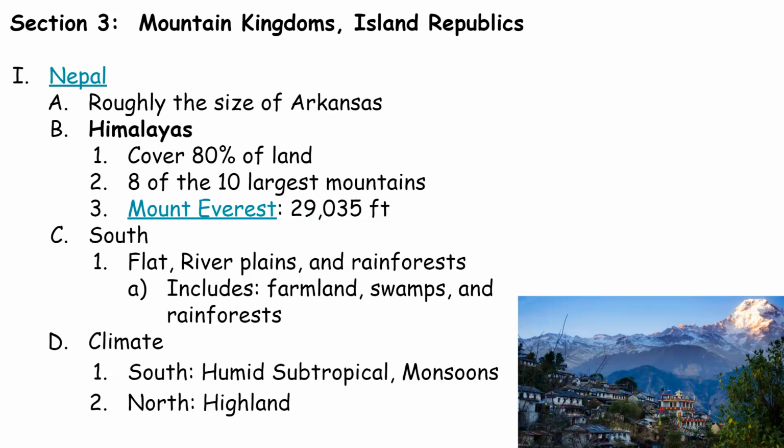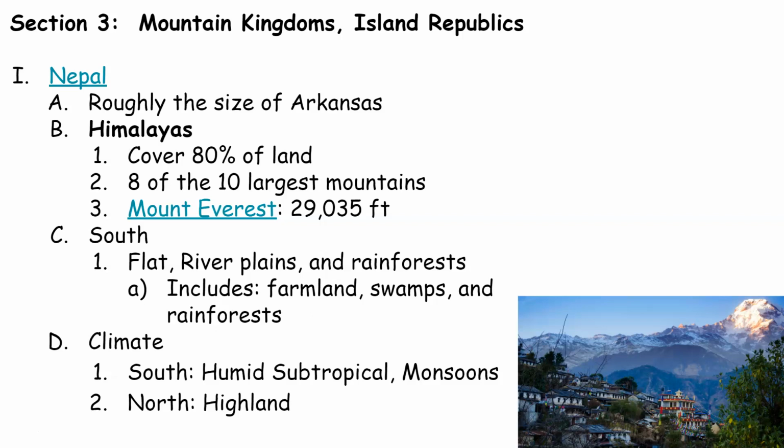For U.S. listeners, if you're looking for a comparison, it's about roughly the size of Arkansas. So just to kind of give you some idea. Now, the dominant landform in Nepal is the Himalayas. And they cover about 80% of the land. In fact, Nepal is kind of the heart of the Himalayas.